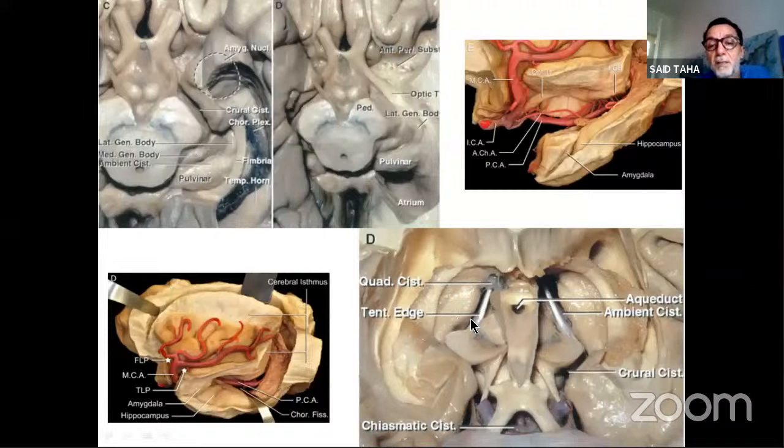This is the ambient system, and this is the crural system. The ambient system has a supratentorial part and an infratentorial part.